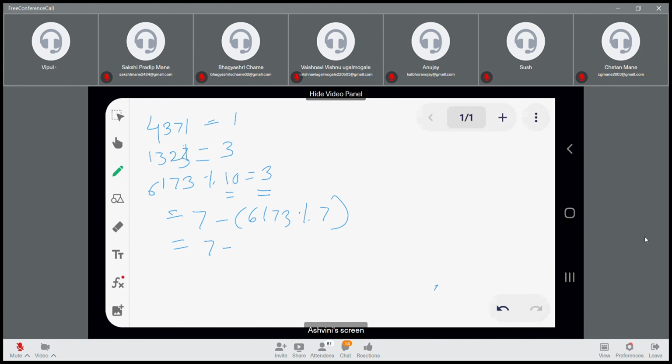Yes, ma'am. Okay, so 7 minus 6 is 1, that means you need to jump one position after 3. You need to take one jump, okay, so place 6173 at index 4.